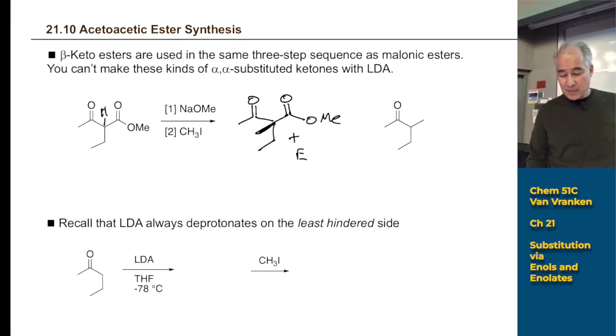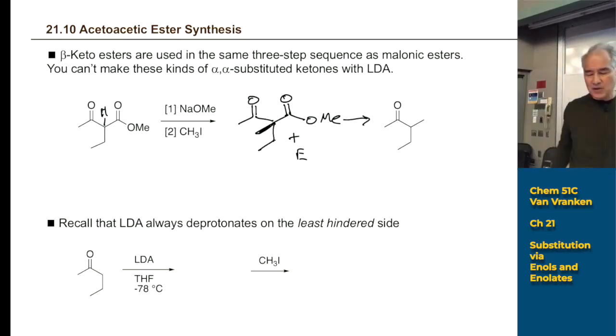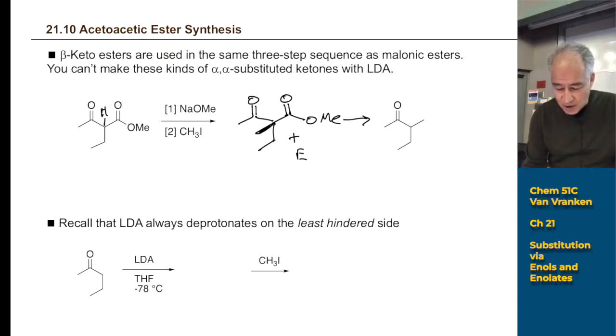Now, sometimes we don't want this extra ester molecule. And so here's what you can use. You can hydrolyze that to the carboxylic acid using acidic conditions. And the carboxylic acid that you get by hydrolyzing the ester will spontaneously lose CO2. So what are our conditions for acid hydrolysis of esters? You can use sulfuric acid or you can use HCl.